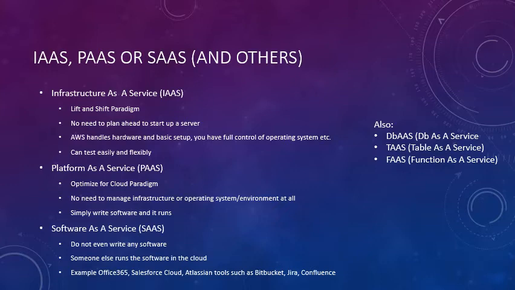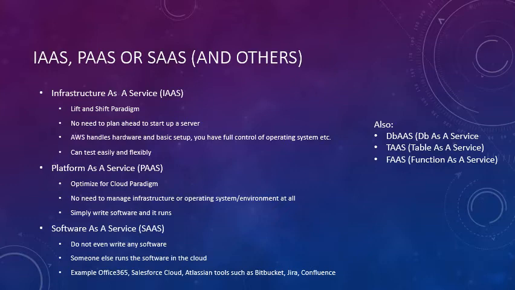Table as a service is really like having a database as a service where AWS manages the database, but the table as a service is where it actually manages everything. All you have to worry about is the table itself. So you don't even have to write backup software, restore software.